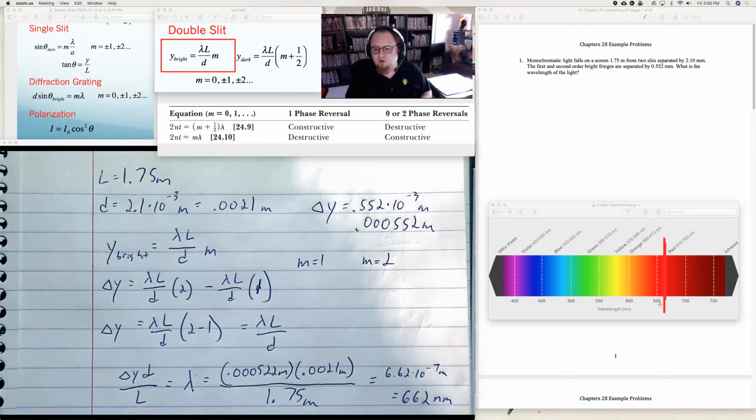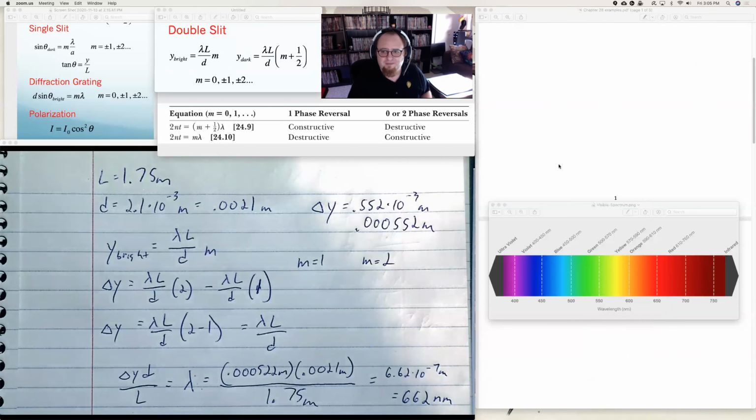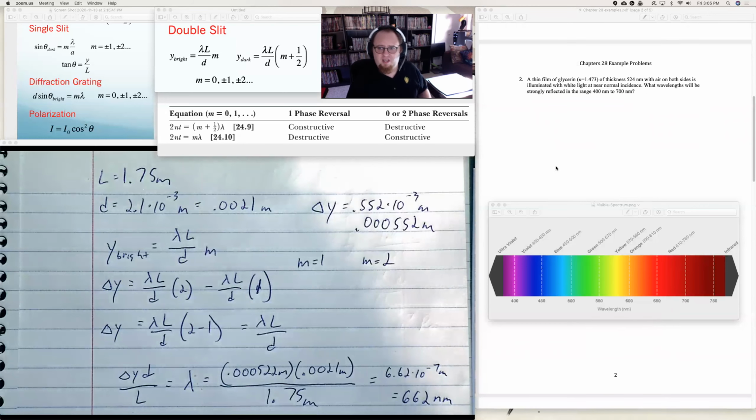So this is a little darker red than that. But yeah, it's a nice dark red. Make sense? Any questions though? Okay. If I ask for bright or dark spots, you just use the dark equation instead. It's really always there.